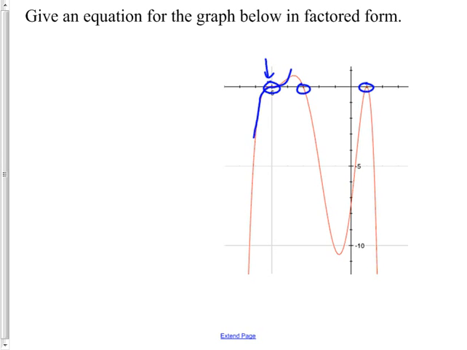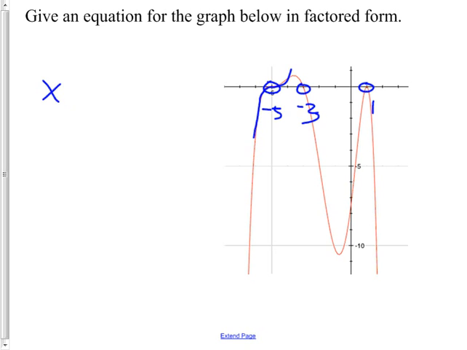If it's just a cut through like this, that hasn't changed rates. But if it has changed from increasing at a decreasing rate to increasing at an increasing rate, then that's what's called an inflection point, and it's a triple. Okay, so how would I write the equation for this? I got 3 spots: negative 5, negative 3, and positive 1.